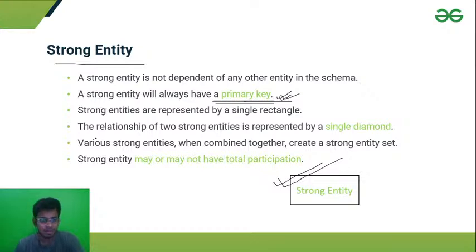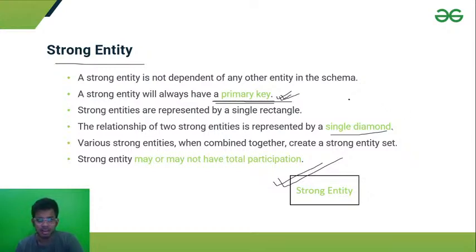The relationship between two different entities is represented by a single diamond. For the time being, let's just get a brief idea: a relationship is nothing but a relationship between two or more entities.